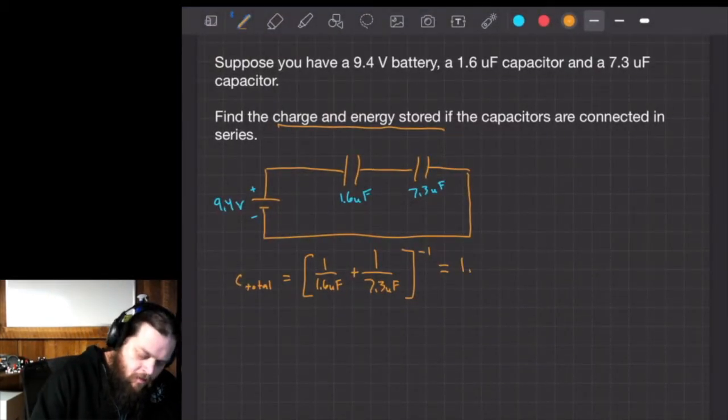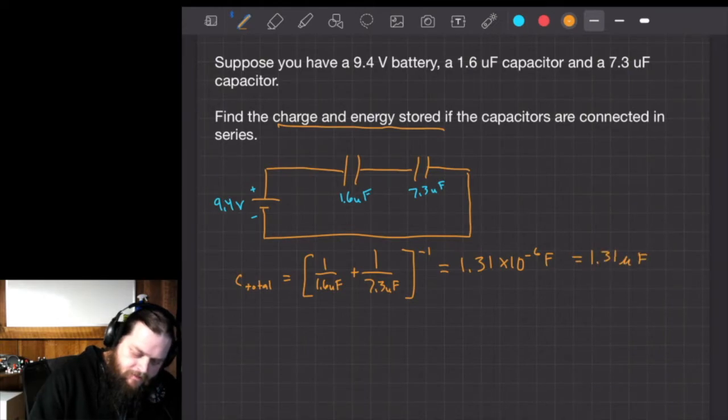So that's 1.31 times 10 to the negative 6 farad, or 1.31 microfarad.